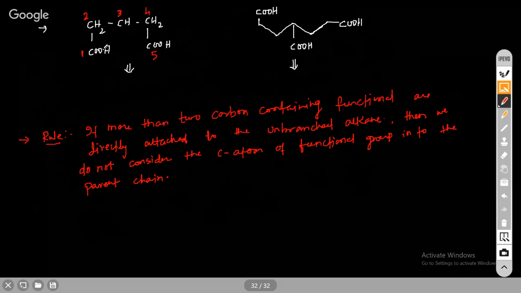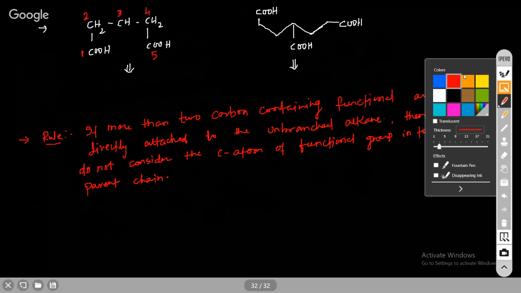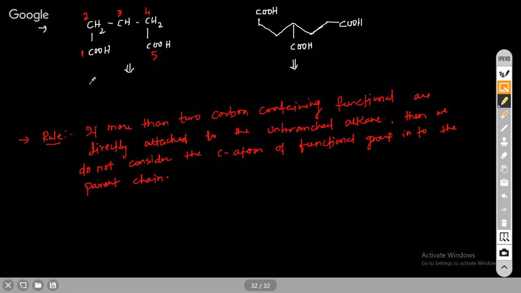We always give first position to the carbon atom of the functional group of carboxylic acid. So 1, 2, 3, 4, 5. So 5 carbons we have, so the name should be pentane, then 1,5-dioic acid. Pentane, with the small a here, so pentane-1,5-dioic acid.